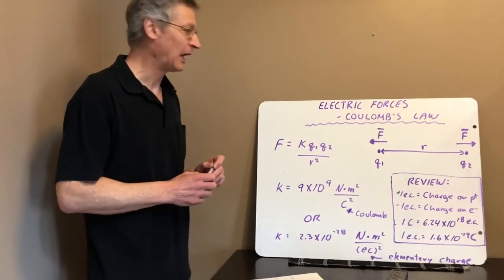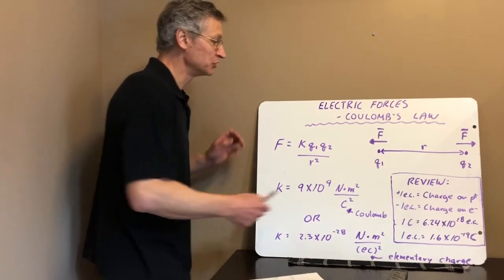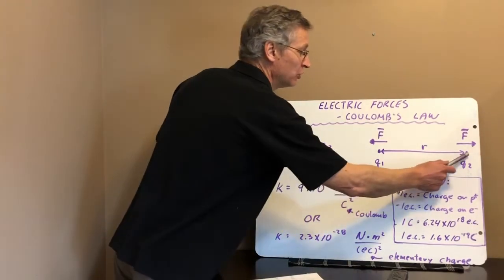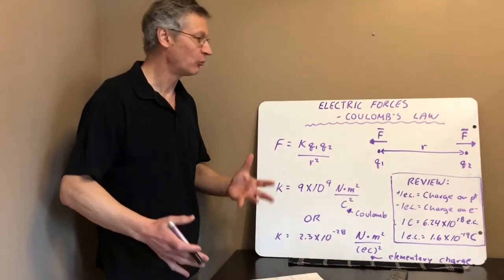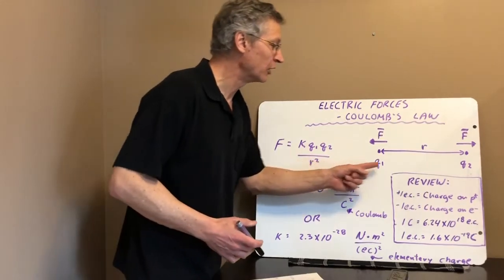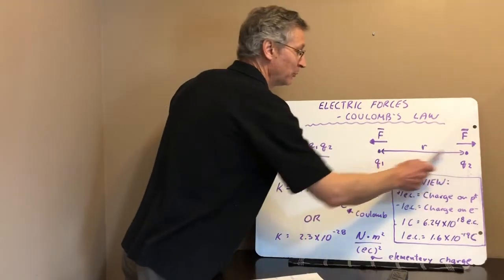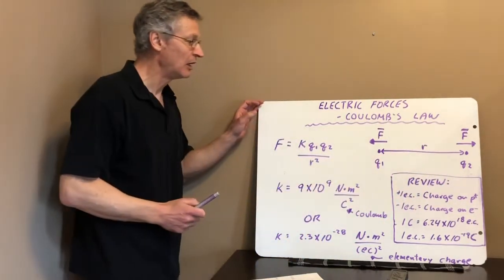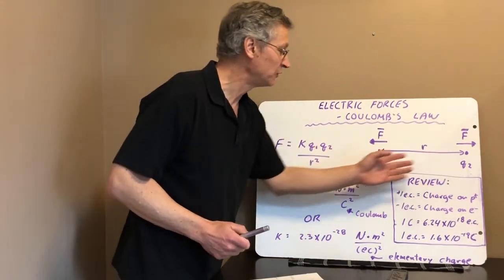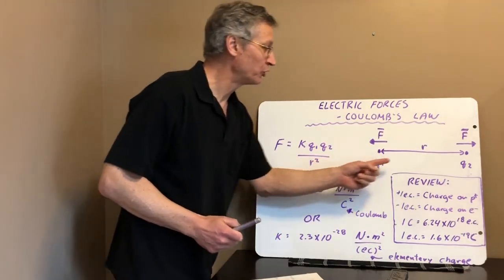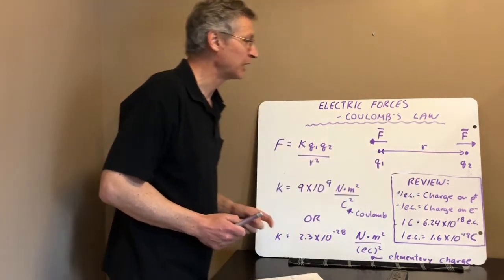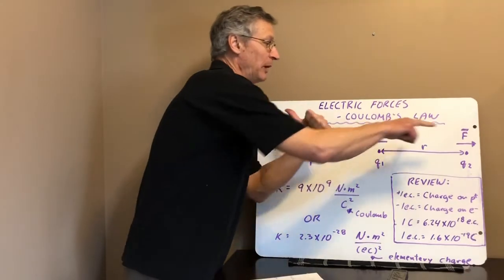Suppose we have two charges, Q1 and Q2. I don't know why physicists like to use the letter Q to denote charge. Suppose these charges are separated by some distance r, and it looks like both charges are positive or both are negative because they are repelling each other.